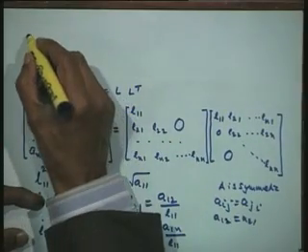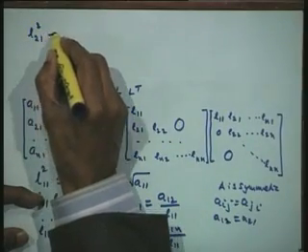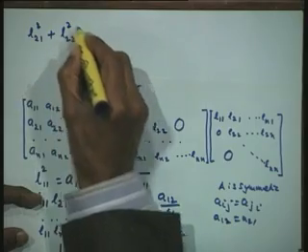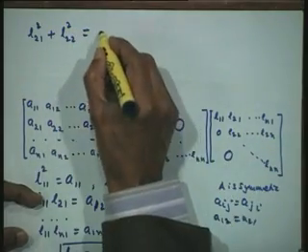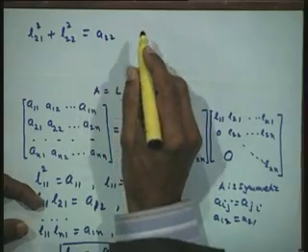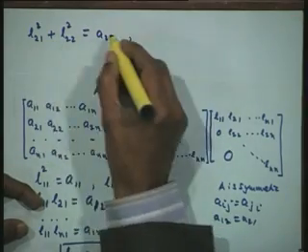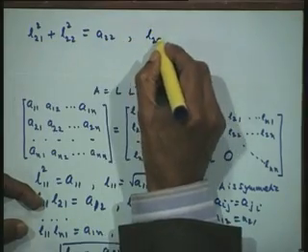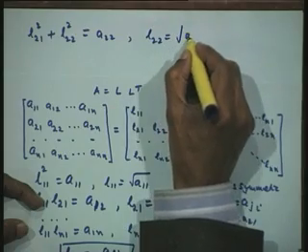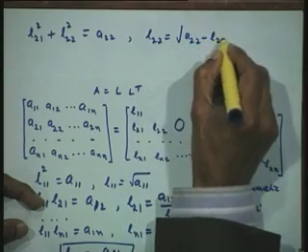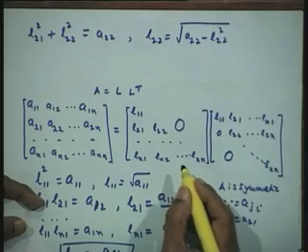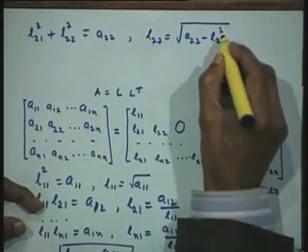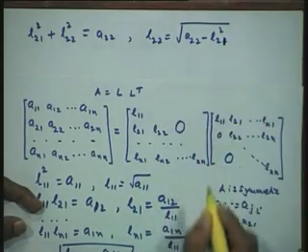That is the product of the second row and second column. Therefore we take the L21 square to this side and take the square root of that. So I will have L22 as square root of A22 minus L21 square.